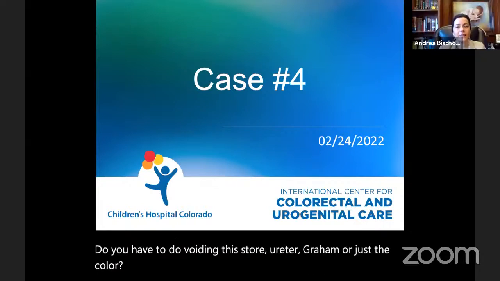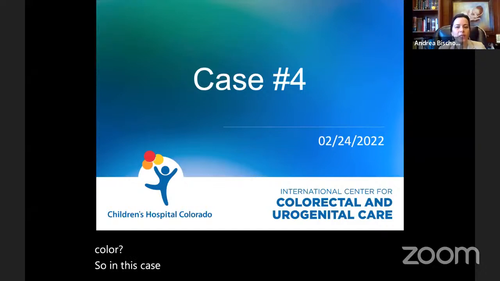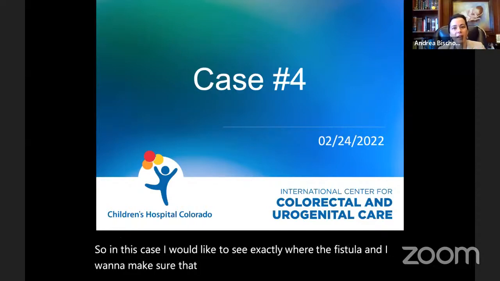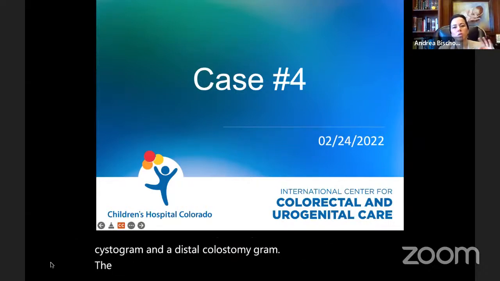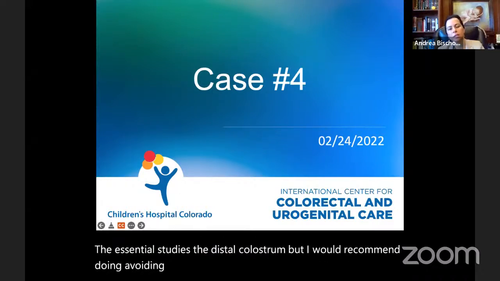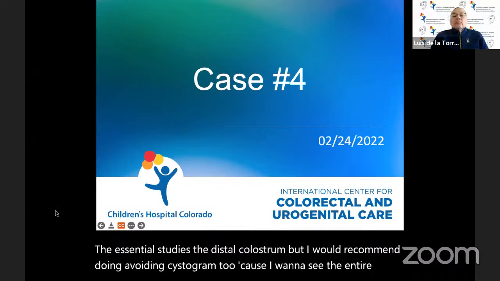So in this case, I would like to see exactly where the fistula is, and I want to make sure that the bladder is fine. So I would do a voiding cystogram and a distal colostogram. The essential study is the distal colostogram, but I would recommend doing a voiding cystogram too, because I want to see the entire urethra. I want to see the entire bladder.